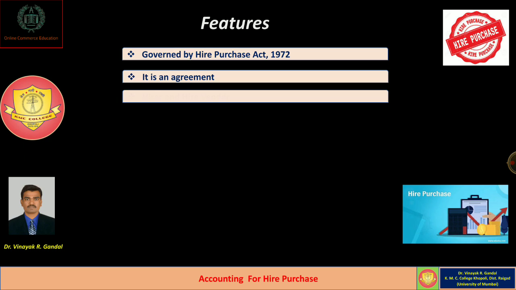Third feature, in the case of the hire purchase system, the agreement is made between two persons, known as hirer and hire vendor. Hirer means the person who purchases the goods. Hirer is also called the hire purchaser, and hire vendor is the owner of the goods or the one who sold the goods to the hirer.